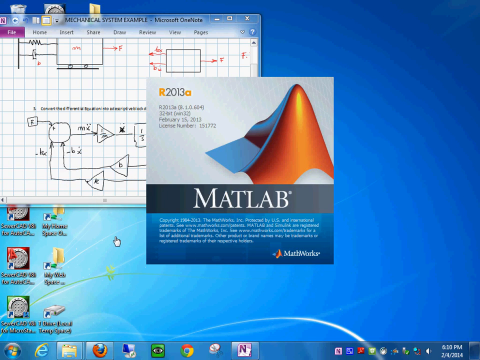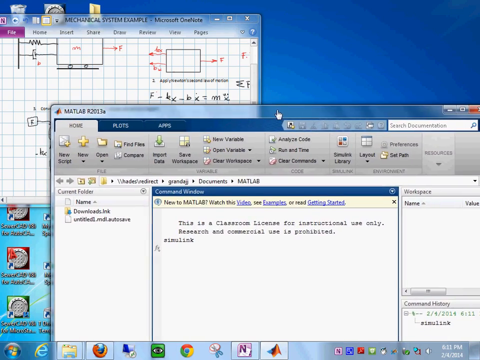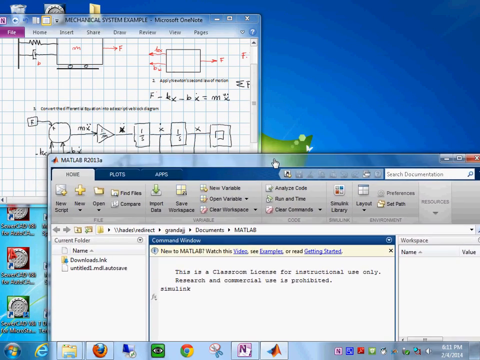In here we're going to run MATLAB, and since Simulink is a toolbox of MATLAB, we run Simulink and we can actually do this block diagram. We just type Simulink in there, and it's going to start and give us some options on how to draw this block diagram.